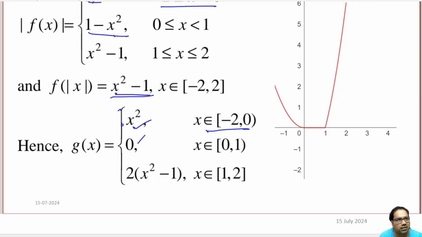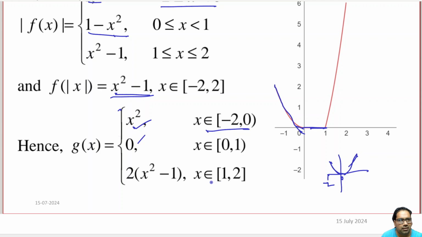Now let us try to draw the graph of g of x. Between minus 2 and 0, it is x square. The graph of x square is a parabola, so between minus 2 and 0, we are taking this part. Between 0 and 1, it is 0, so that is this part.